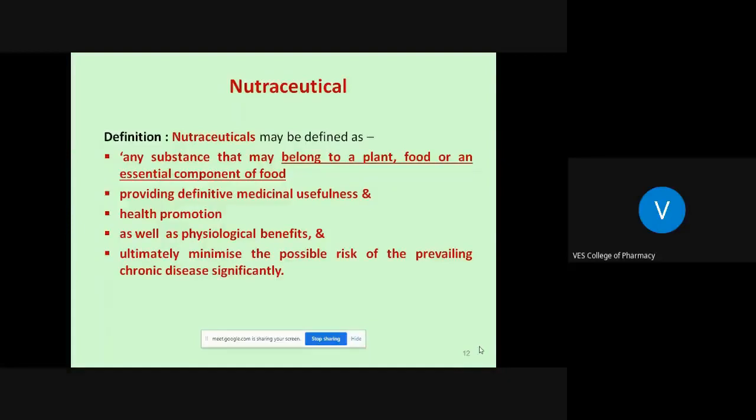It can be either a food or an essential component of food, providing distinct medicinal usefulness. Basically, a nutraceutical is responsible for promoting good health and physiological benefit, and it tries to minimize the possible risk of any disease. For example, there are some herbs or medicinal plants which give substantial benefit against chronic disease.